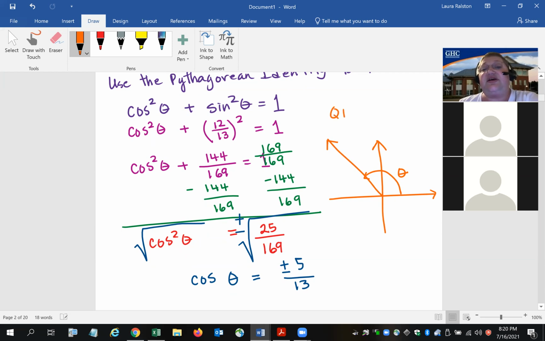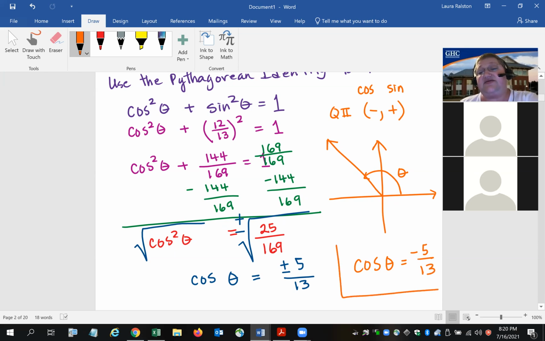In quadrant 2, the x value is negative and the y value is positive. In terms of trigonometry, remember, that's cosine and sine. So in quadrant 2, the cosine is negative. So ultimately, the cosine of theta is negative 5/13. This is the answer, or the piece that I need.